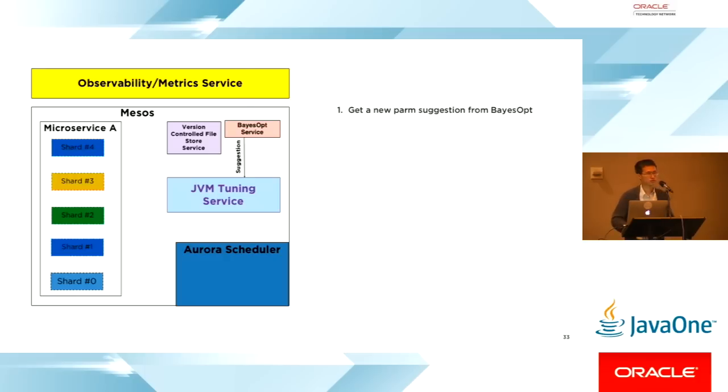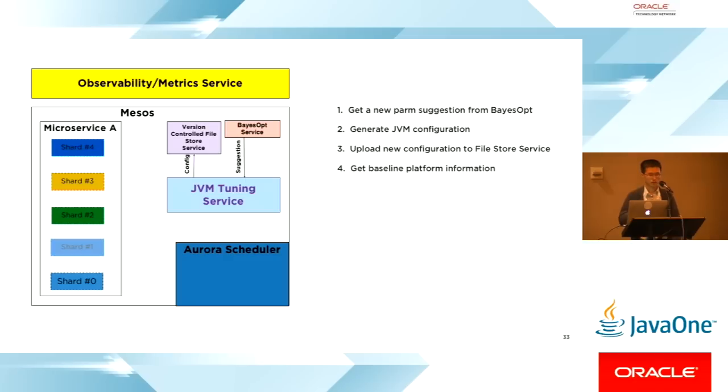Usually, we start by getting suggestions from the BSOpt service, and our JVM tuning service will generate a real JVM configuration and upload it to the file store service. After this, we will check what kind of baseline we have. Here we have four baselines running on 3 different platforms, where different colors mean different platforms.